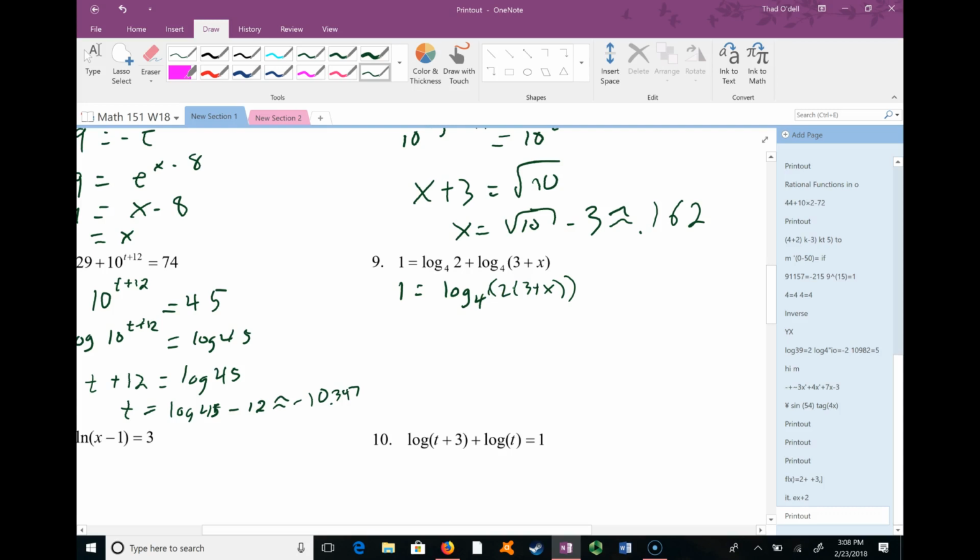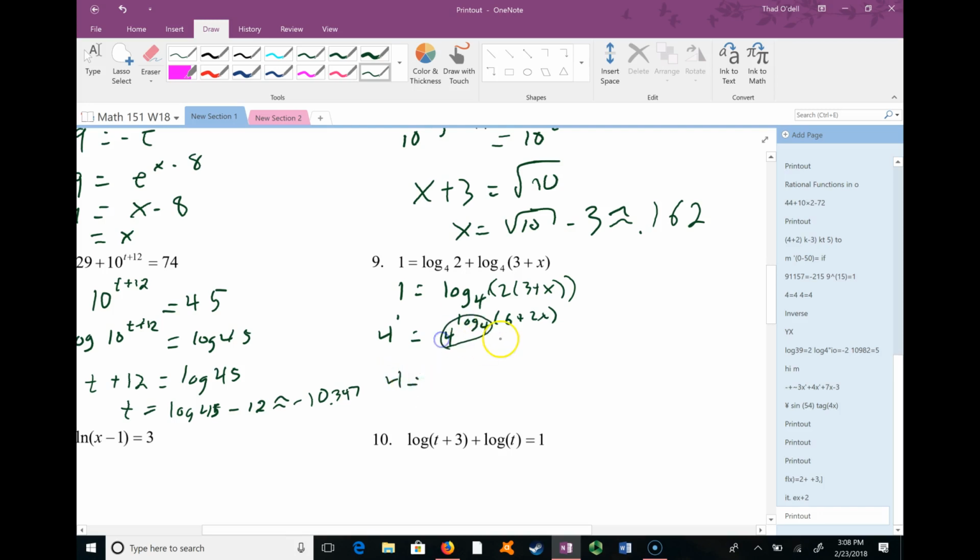Okay, and then I have to undo a log base 4, so that means I make both sides of the equation an exponent of 4. So this would be 4 to the first, and this would be 4 to the log base 4 of 6 plus 2x. And of course that is just 4.